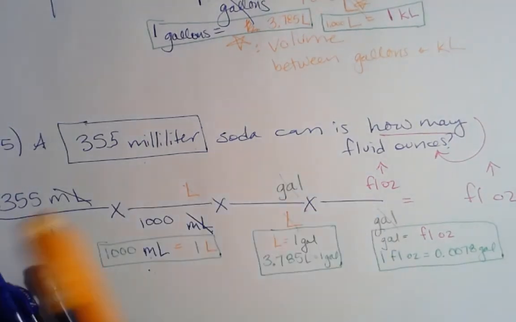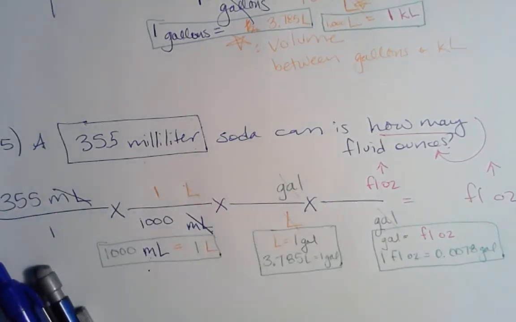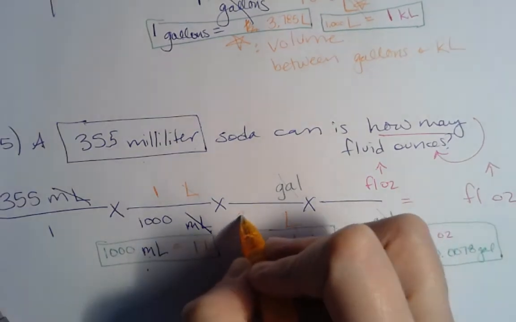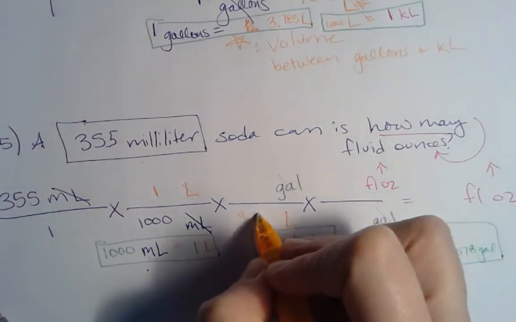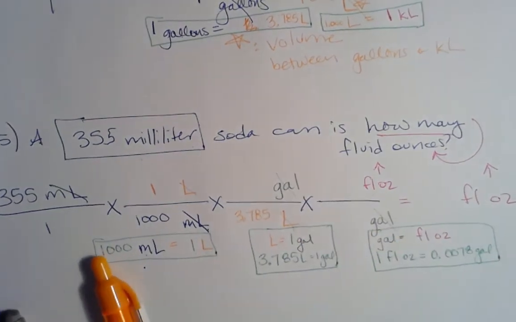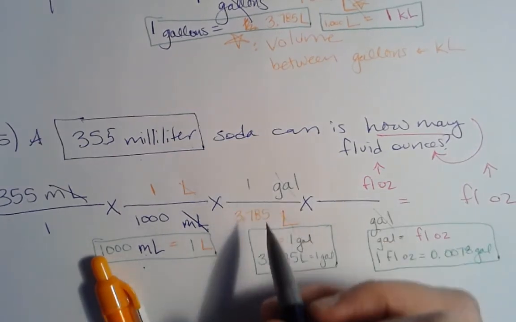Your conversion factor number that goes with liters is 1. Liters happens to be on top. That's where the 1's going to go. Here you've got the number of liters on the bottom. The number that goes with liters there is 3.785 liters. The number that goes with gallons in your conversion factor is 1, so that's going to follow your unit gallons up there.